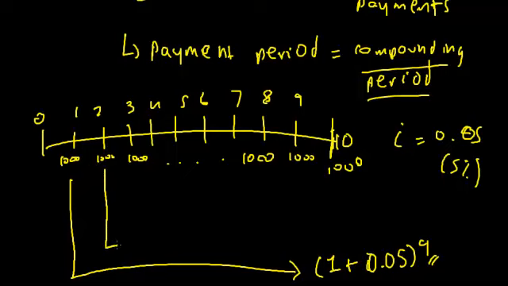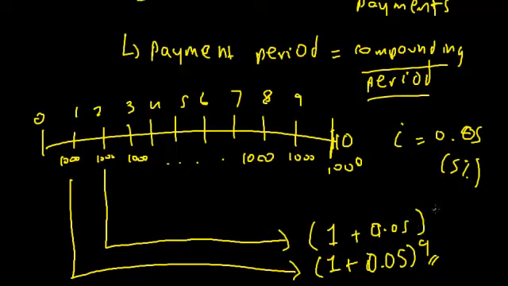For the second year, it works the same way. It'll earn interest, which is 1 plus 0.05 for 8 years. The third year will earn for 7 more years. And you get to the 8th year, and this will earn interest for 1 plus 0.05 to the power 2 years afterwards.